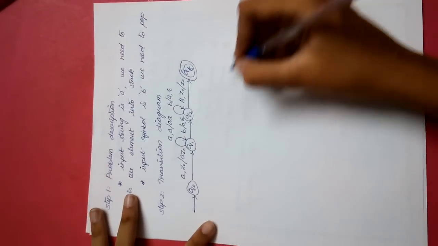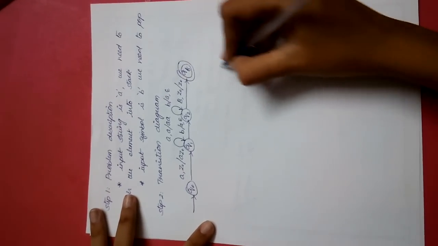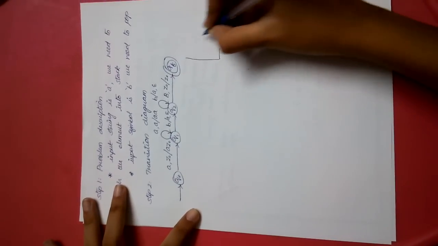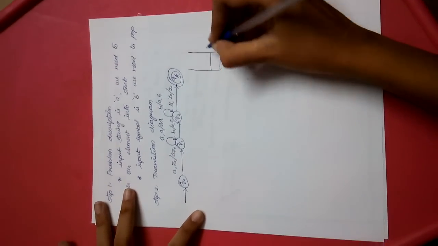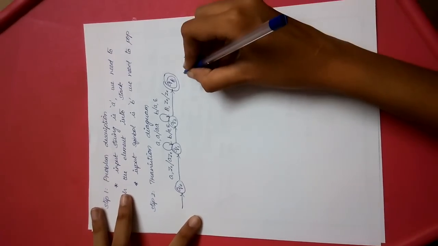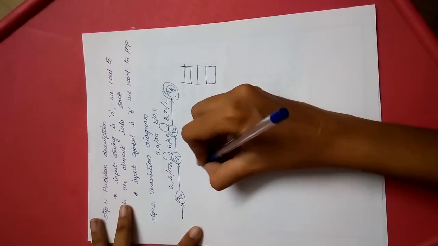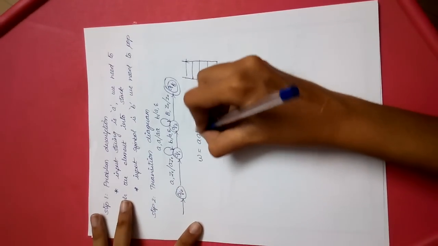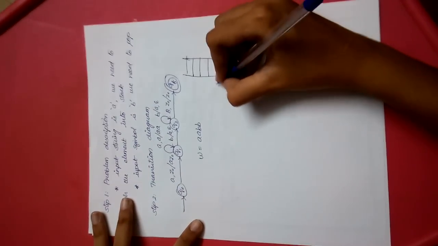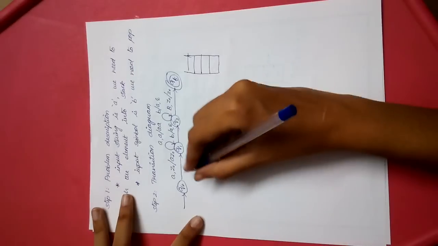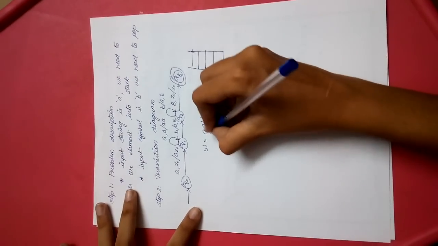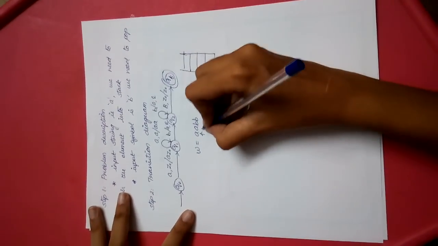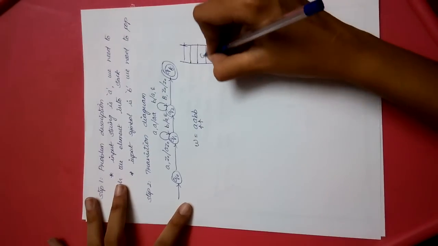Here let's see the execution. We took the sample string AABB. First, according to this, A gets pushed, and then the pointer comes here and A gets pushed.